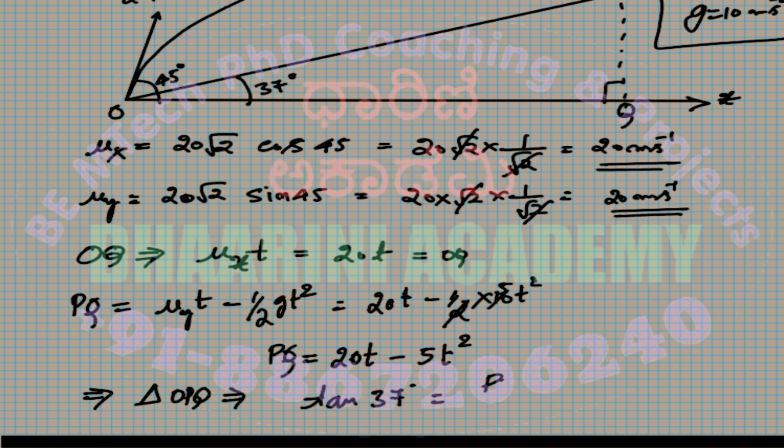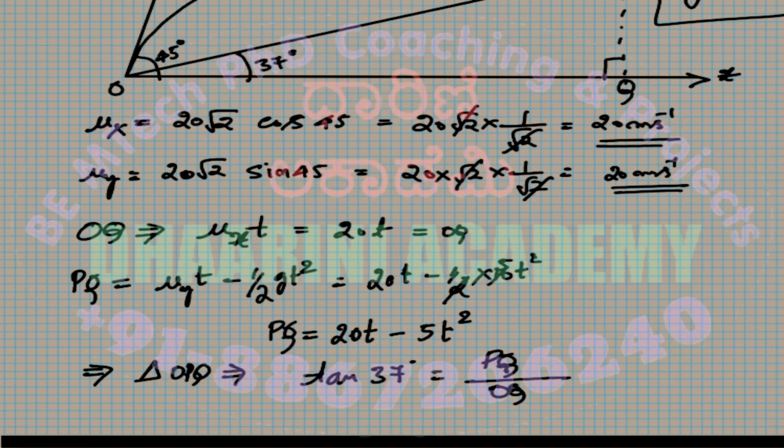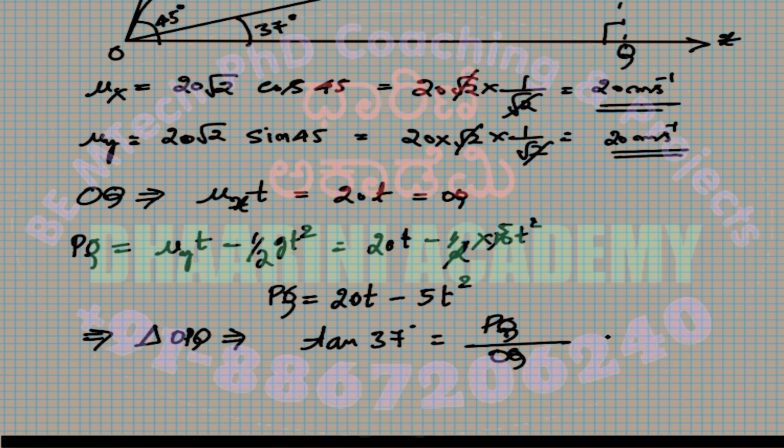Opposite is PQ and adjacent is OQ. So PQ is 20t minus 5t square, divided by 20t.